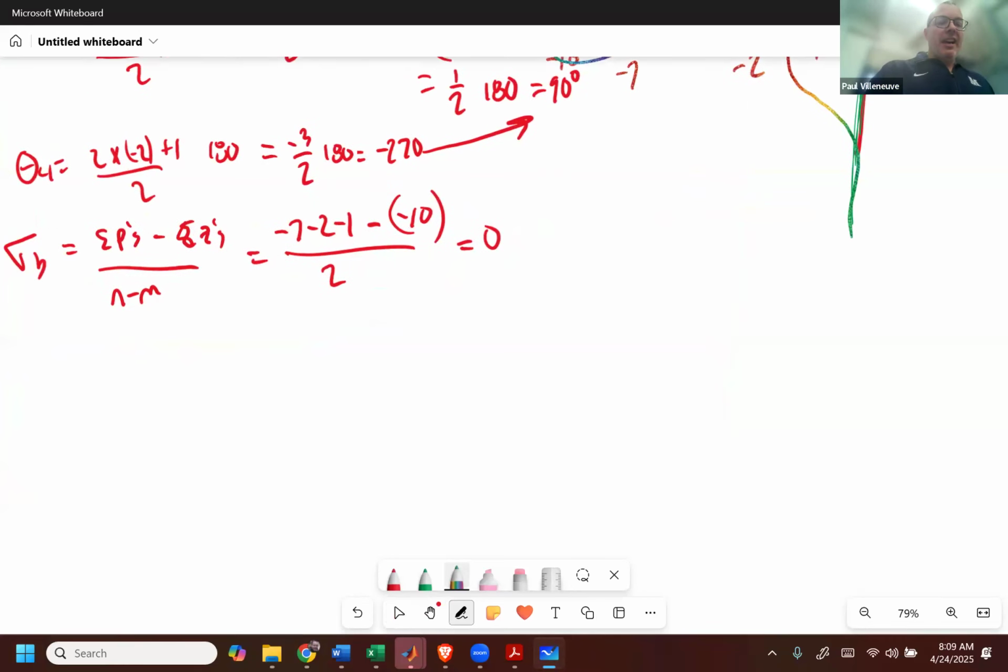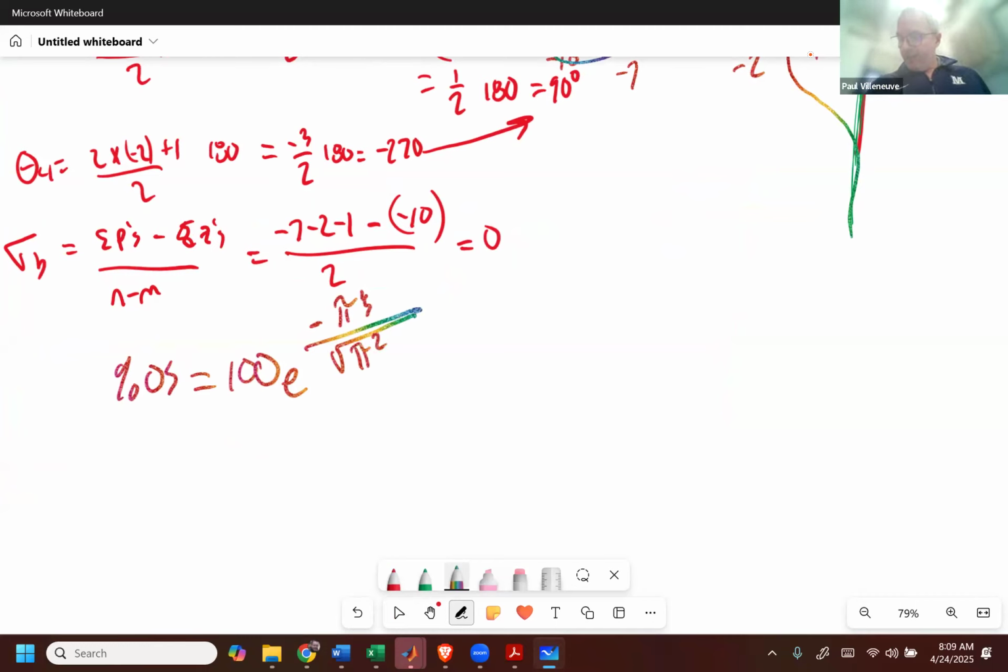So that means I have my percent overshoot equation, which is equal to 100 e to the minus pi zeta, all divided by the square root of 1 minus zeta squared. When you did that, you could solve for zeta as equal to the square root of the natural log of my percent overshoot squared divided by pi squared plus the natural log of my percent overshoot squared.